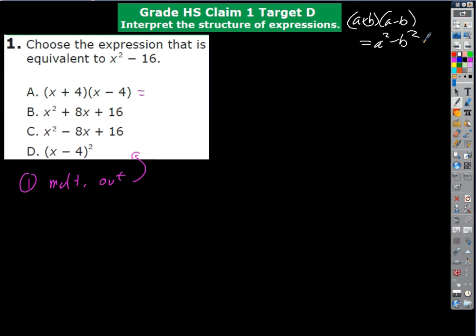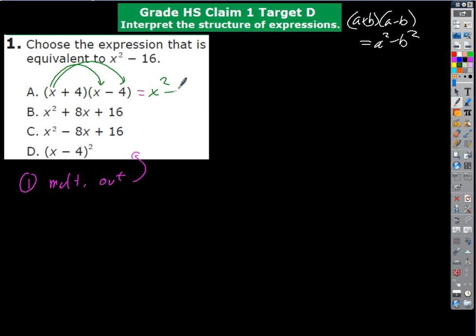That's the right answer. What if you don't remember the pattern? Well, that's all right. If you don't remember the pattern, just distribute. X times x is x squared.